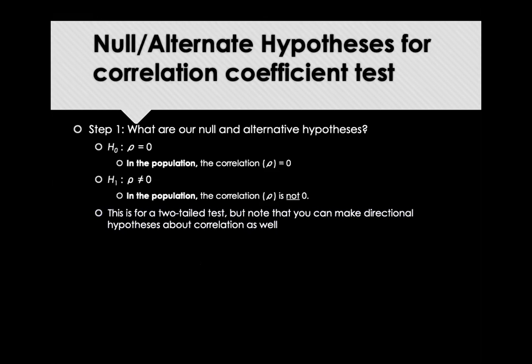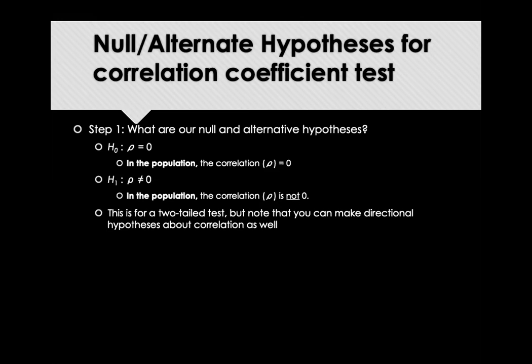You could have directional hypotheses about correlation as well. This set of null and alternative hypotheses is for a two-tailed test. In the population, the correlation is not 0. We're not saying whether we predict the correlation to be positive or negative. We're just saying it's not 0. There will be some correlation.